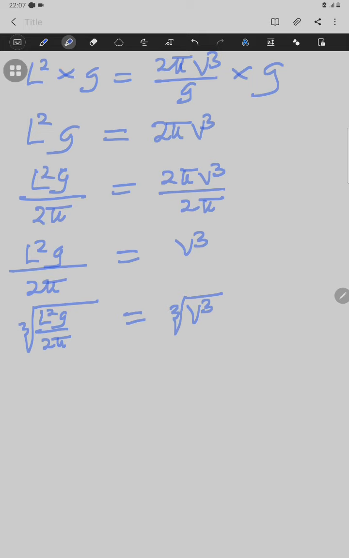This is because if I take the cubic root of V cube, what this means is V cube exponent 1 over 3. That is the meaning of the cubic root, right? So it goes. So we will have V, which will be the cubic root of L squared G over 2 pi.